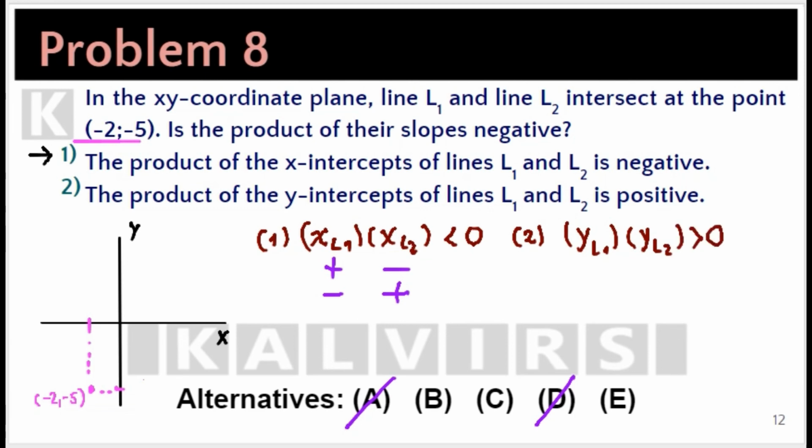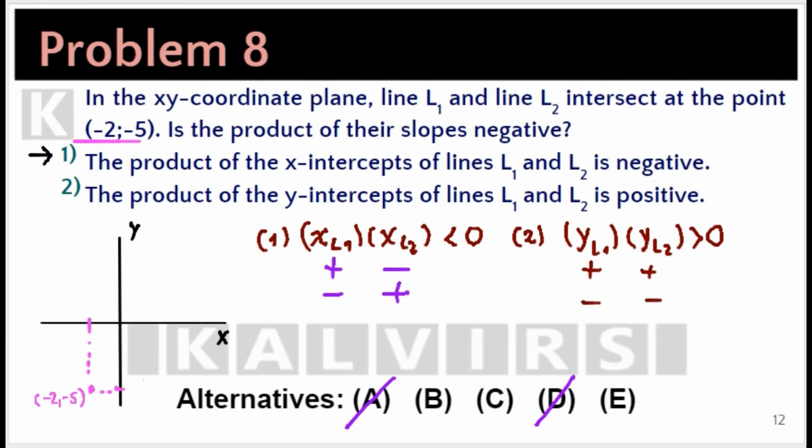So, according to statement 2, which of the following must be true? Since the product must be a positive number, both of the intercepts must be positive or both negative.